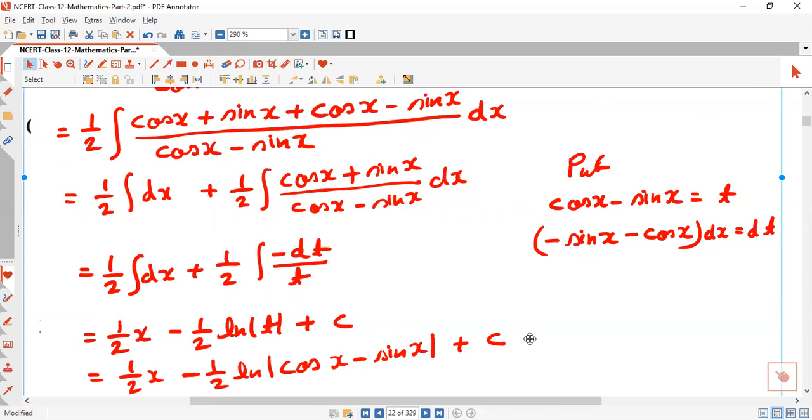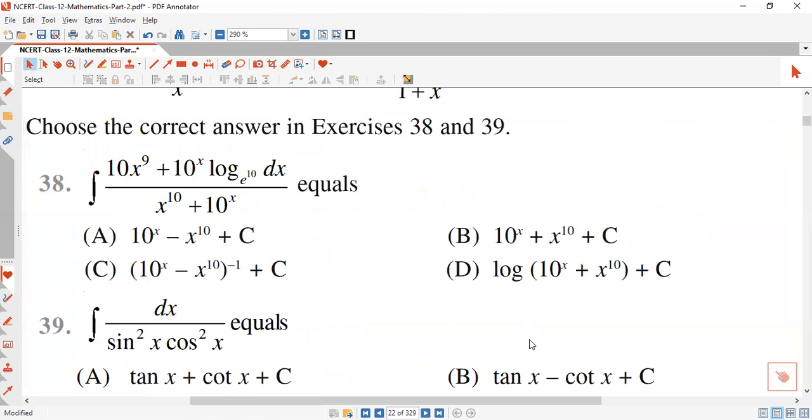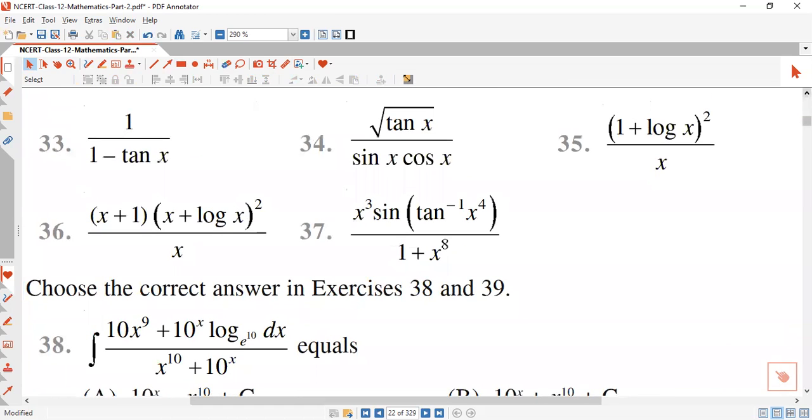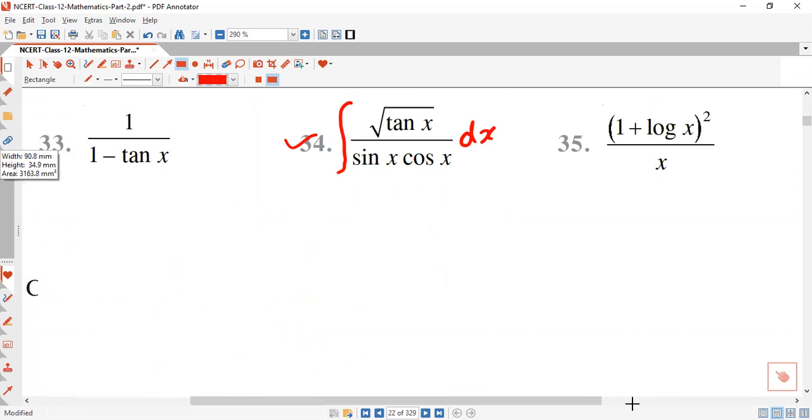Now, next question, question number 34. You see in this question, terms are given: root tan x, sin x, cos x. So what do I have to do? I have to remove the denominator basically, and root tan x is there. I say I will divide the numerator and denominator by cos square x.